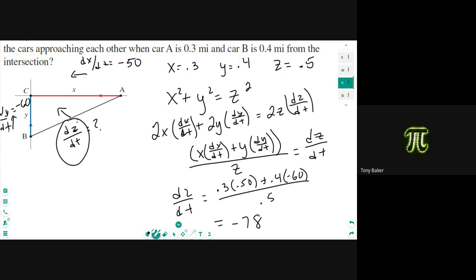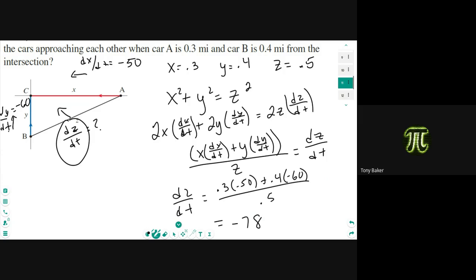2 times 0.4 times negative 60 plus 2 times 0.3 negative 15. Something's wrong. Oh, you did multiply too, by 2. Okay.